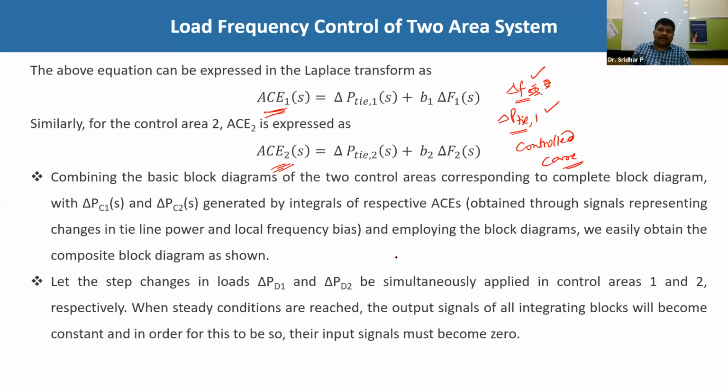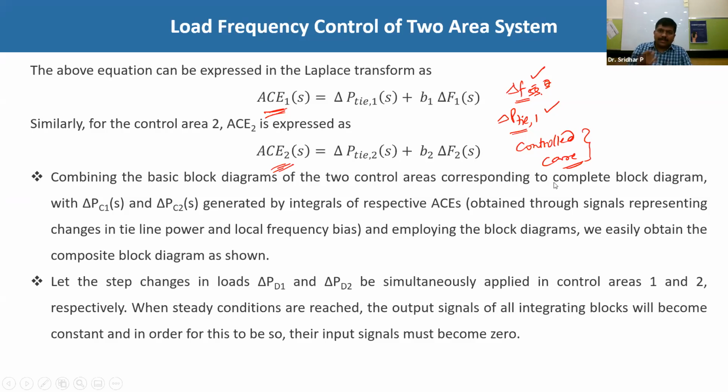That's why whatever cases we have discussed so far in the two area load frequency control are called controlled cases. In the controlled cases, we take the change in the frequency and the change in the tie line power. These two will be as per our contractual agreements.